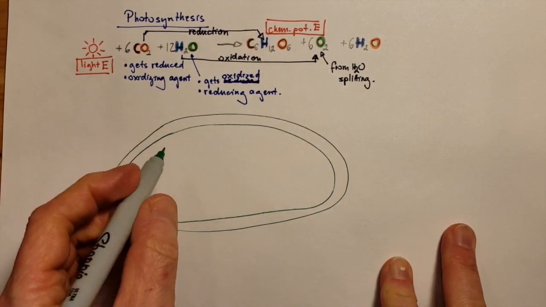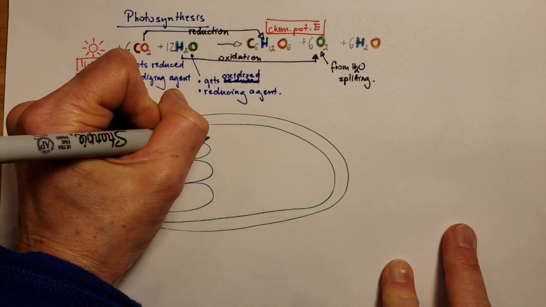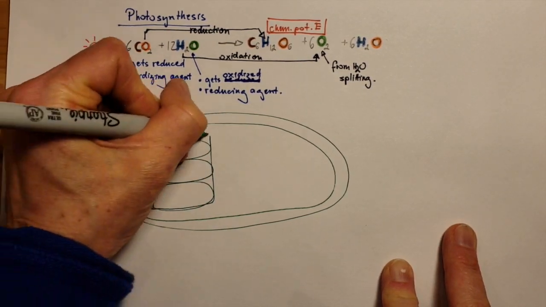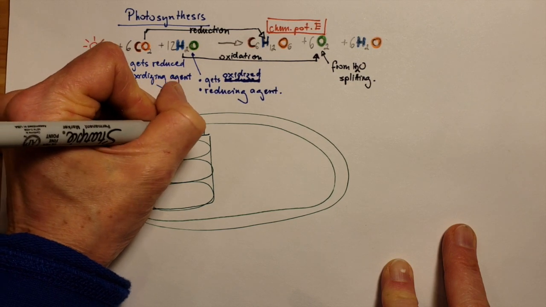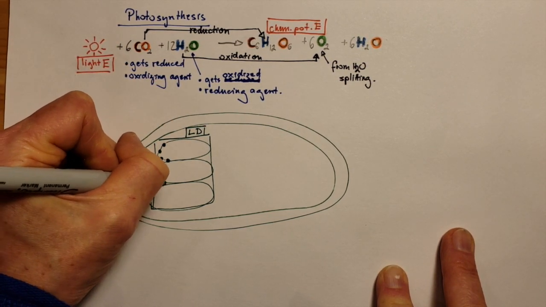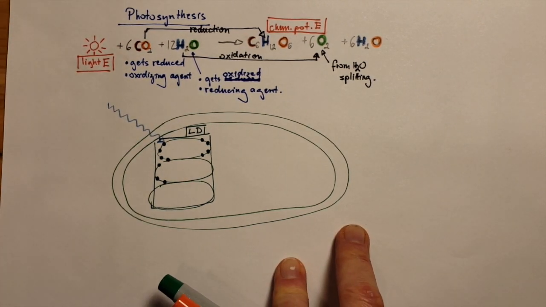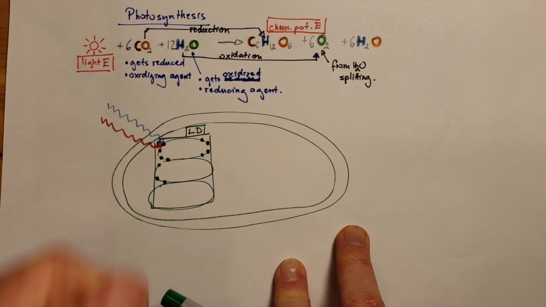This is the chloroplast, and these are the thylakoids. Together they make up the grana, and this is where the light-dependent reaction takes place. Those are the chlorophylls, the pigments that absorb the light. Blue light absorbed, red light absorbed.